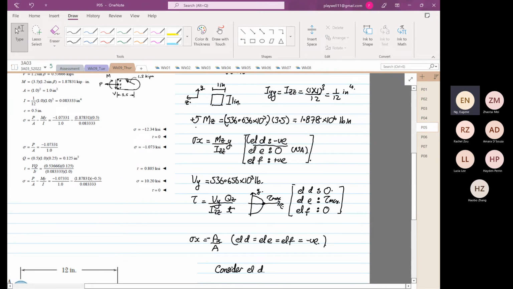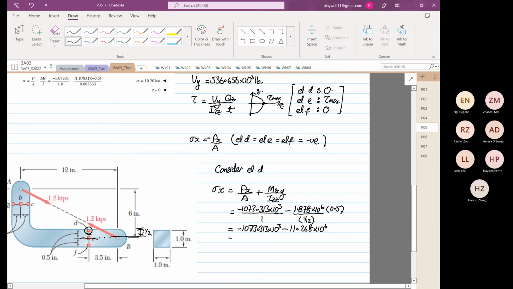So the normal stress is 1073.313 times 10 to the power 3 plus 11.268 times 10 to the power 6. So it's equal to minus 12.341 times 10 to the power 6.